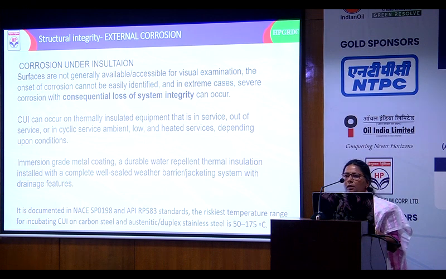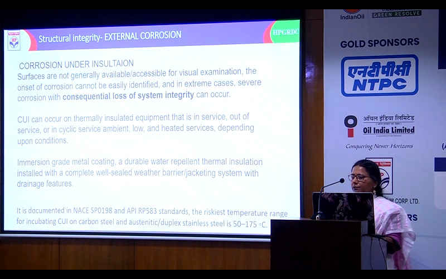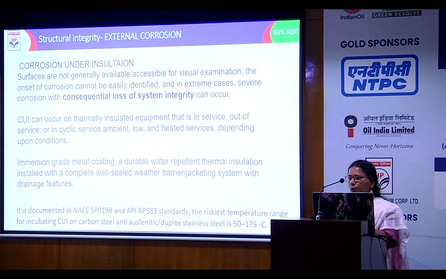Generally the major corrosion control measure for CUI is application of 63 micron aluminum foil, followed by the insulation and the jacketing with the vapor barrier coating and weather shielding. The corrosion control measures for CUI are also very well specified in NACE SP 0195, which mentions various coatings for corrosion protection at given temperature ranges.